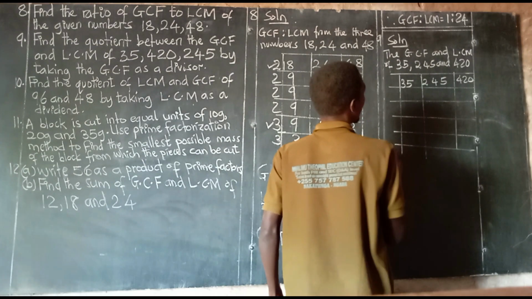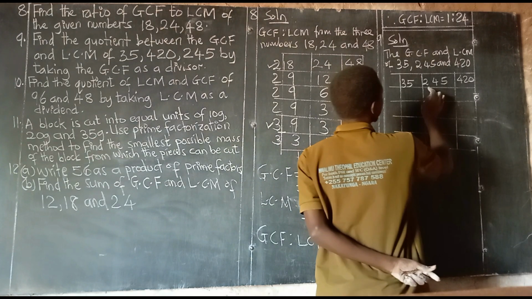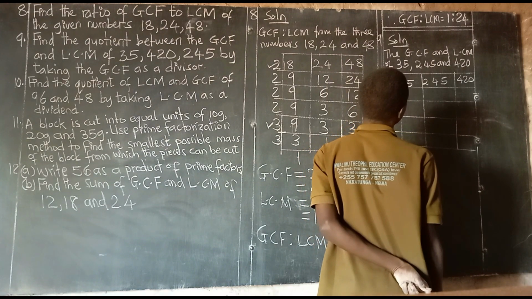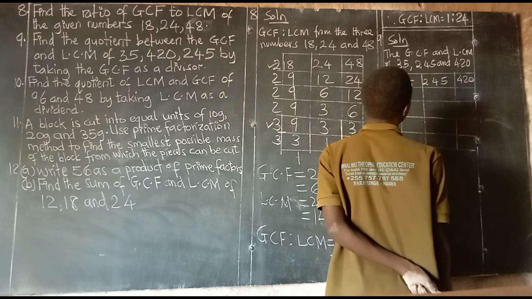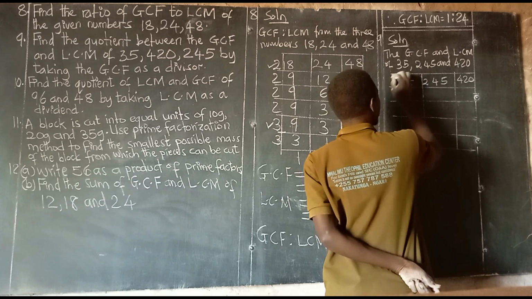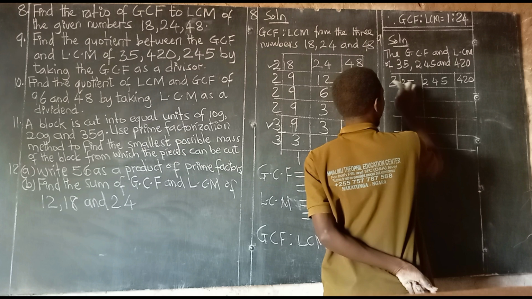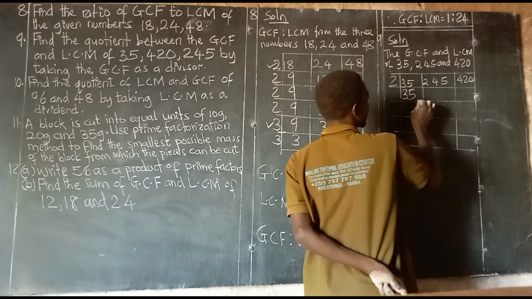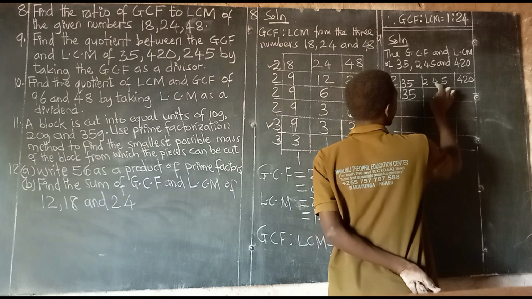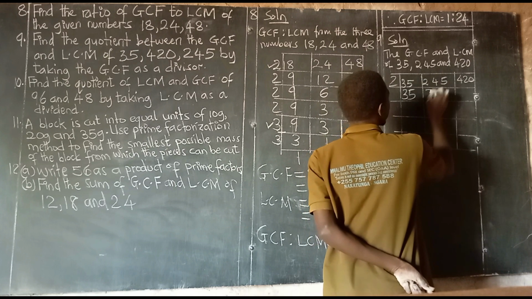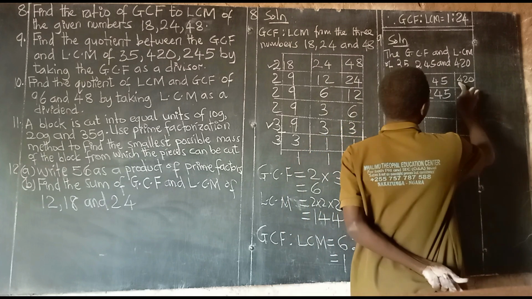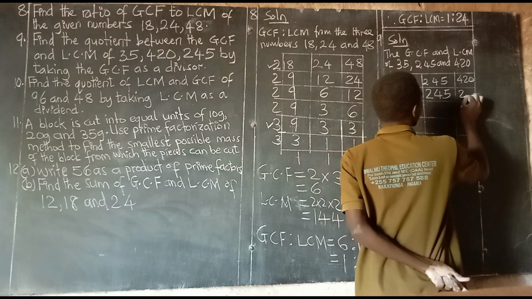Now let us start with the smallest possible prime number that can divide any of the given numbers. I find 2. 35 over 2 is not divisible completely without a remainder, so you write it as it is. 245 over 2, you write it as it is, not divisible completely without a remainder. 420 over 2, you get 210.